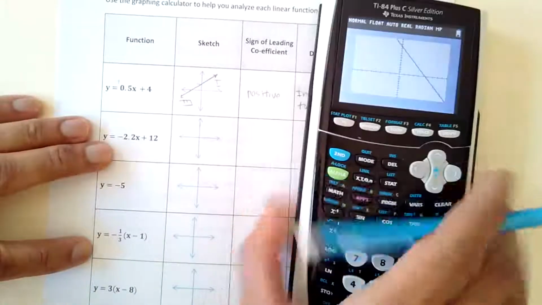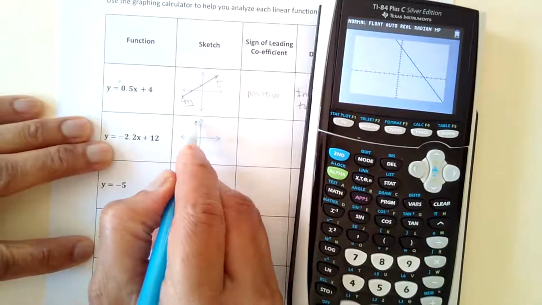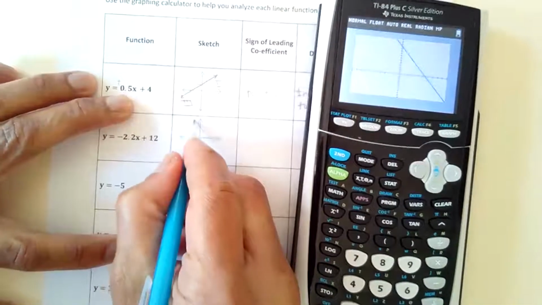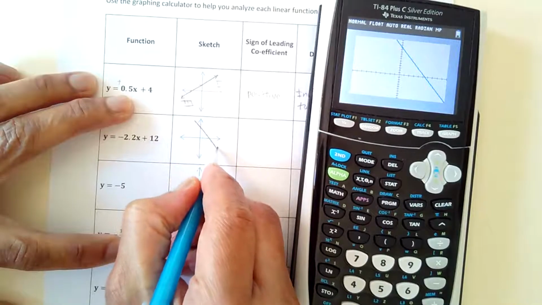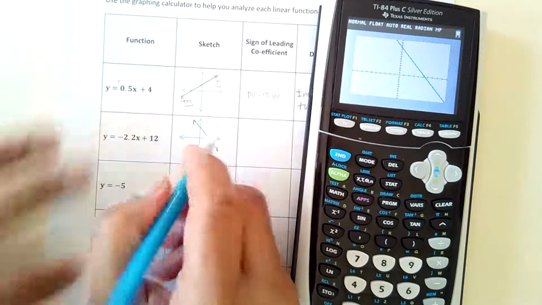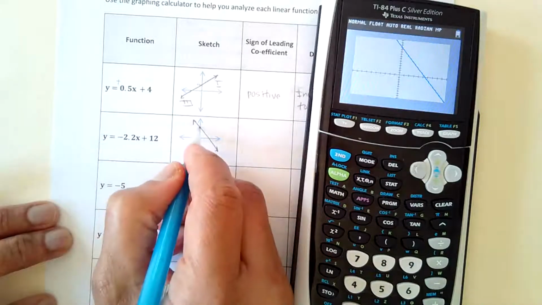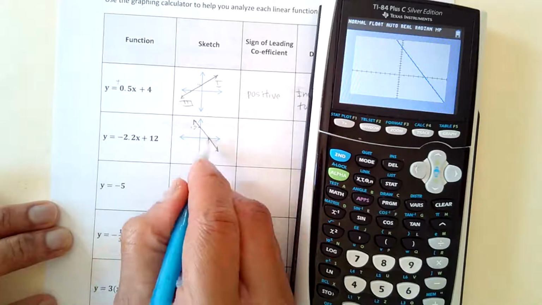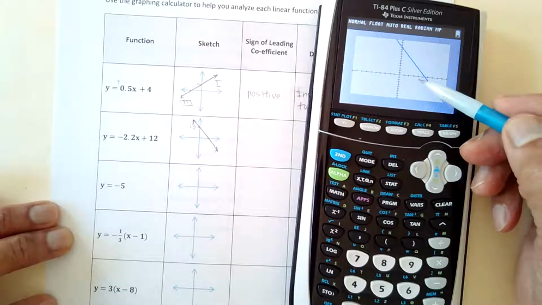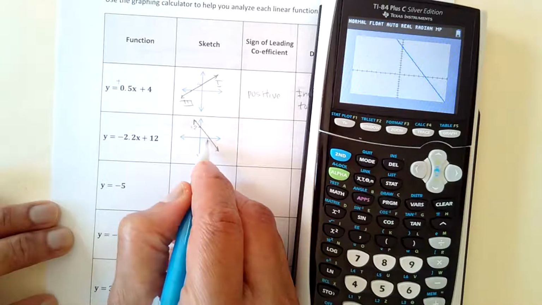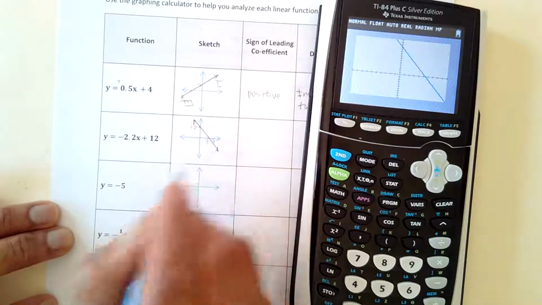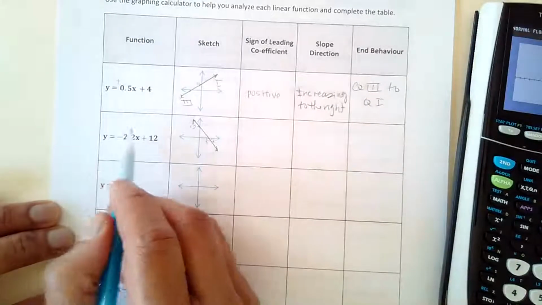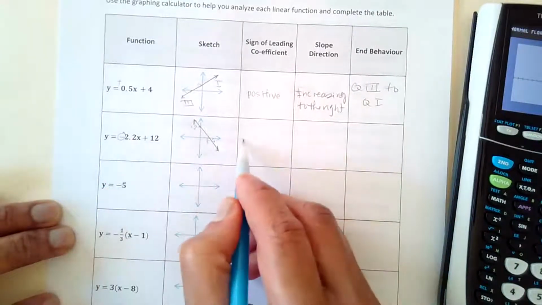I can see it going from here. By the way, always put the arrowhead if there's no restriction. You know, it's going to be 12. And this is approximately 1, 2, 3, 4, 5, between 5 and 6. Now, sign of a leading coefficient, negative.